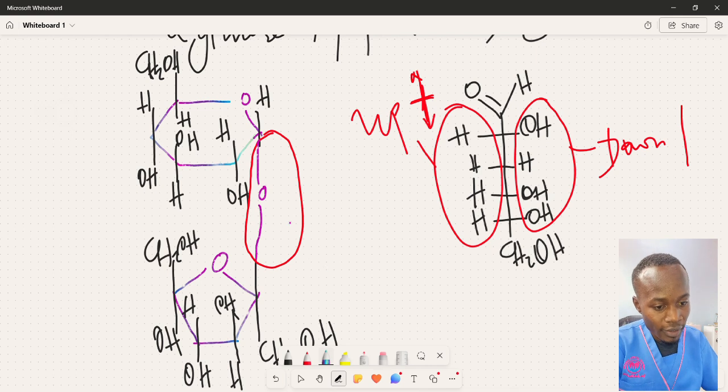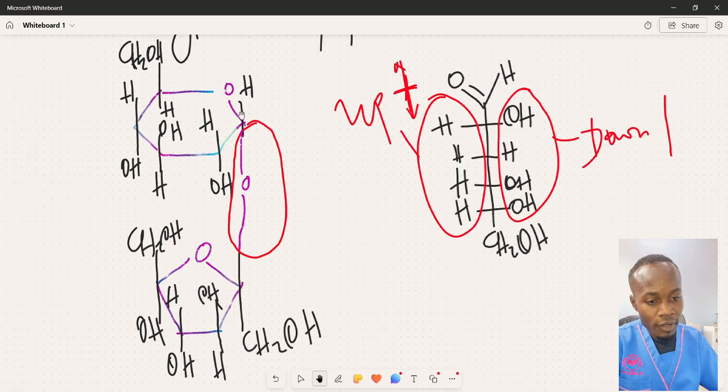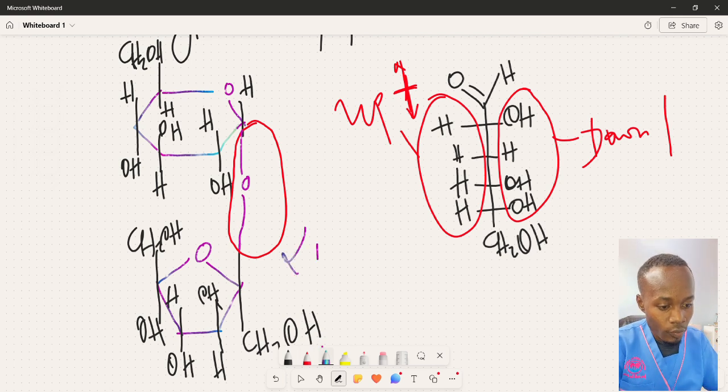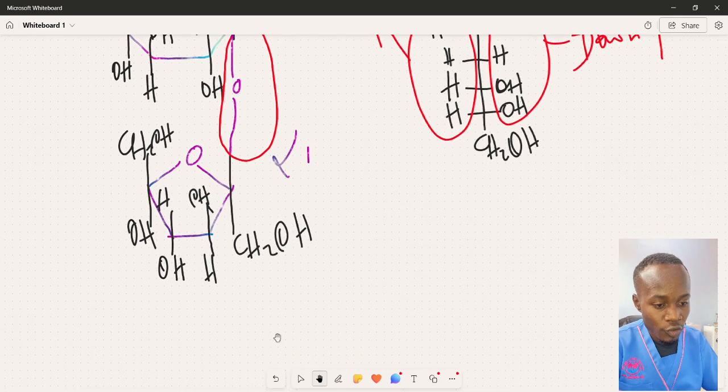So the O here is the glycosidic bond that is now combining the two monosaccharides to form the disaccharide, and it's always the first anomeric carbon of the alpha. So we are going to have the first anomeric carbon of the alpha, so it's alpha 1, and we are going to see what we are having with the fructose down here.